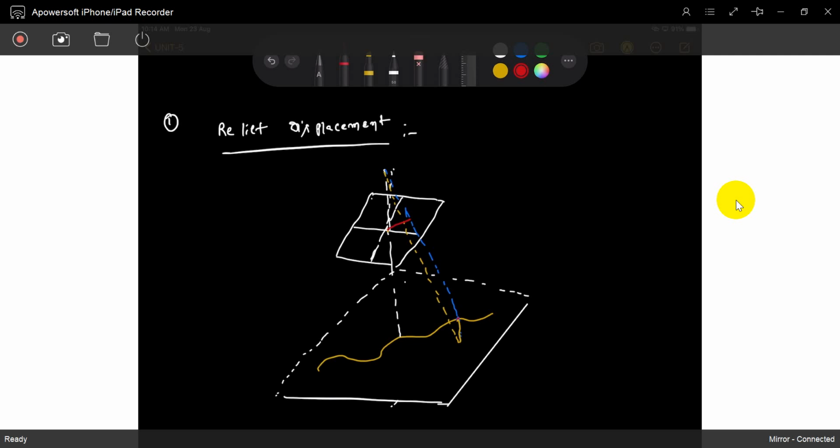The top point is captured on the photograph and the bottom point is also captured on the photograph. Building top point and bottom point are located at the same place, one point. But if you capture a photograph, both are captured.